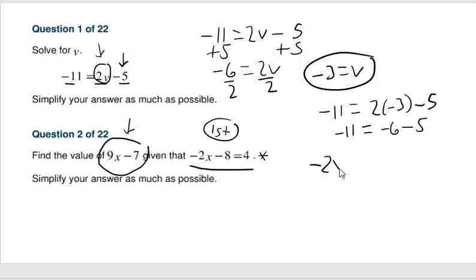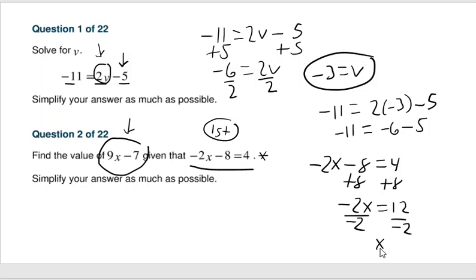So to solve this equation, negative 2 times x, subtract 8 equals 4. We're first going to add 8 to both sides. So negative 2 times x equals 12. And then to get rid of the multiplication of negative 2, we have to divide by negative 2 on both sides. So x equals negative 6.